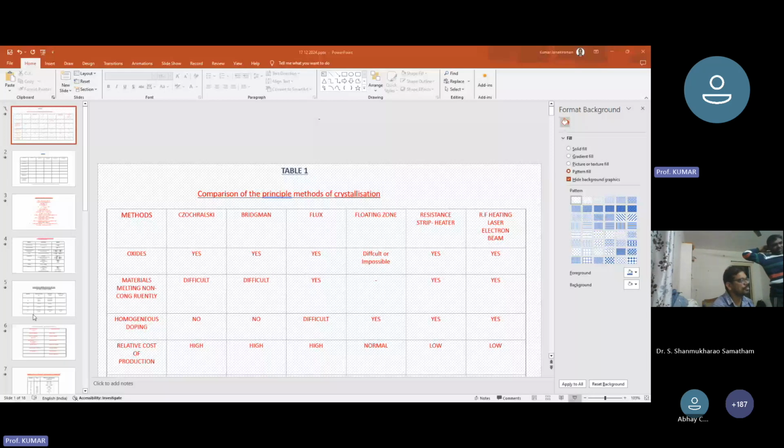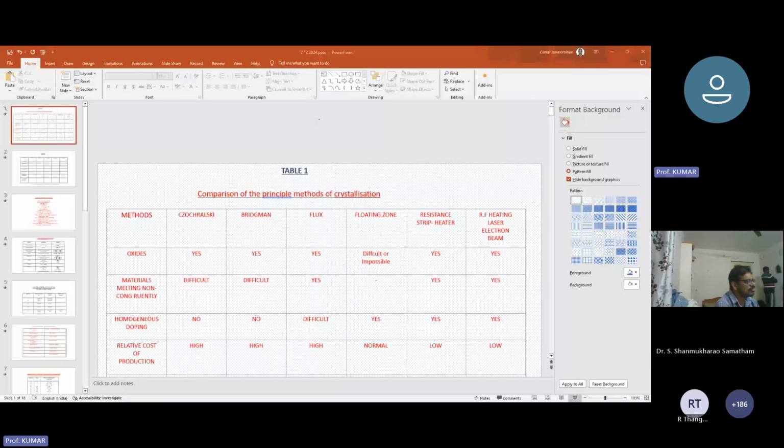And if you consider the relative cost of production, these are all relatively high costs of production, whereas this floating zone is considered to be normal in the sense compared to these techniques where there are so many sub-elements like cooling elements and then viewing systems, control systems, etc. Whereas floating zone is not a very good technique for all materials, but it can be used for growing crystals for test conditions.